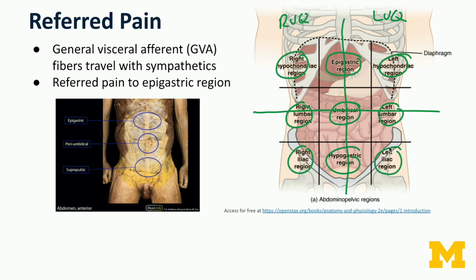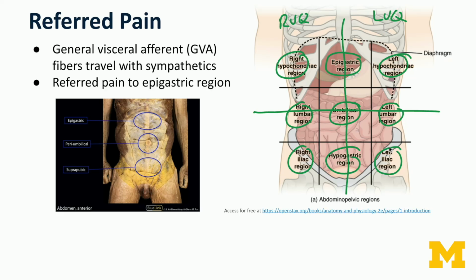Now, referred pain is when you can feel visceral pain in a region. Referred pain is pain stimulus that comes from general visceral afferent fibers. Usually, this is from compression feelings, but it could be an actual trauma to the area. In the case of the stomach, general visceral afferent fibers are going to travel along with sympathetic fibers.